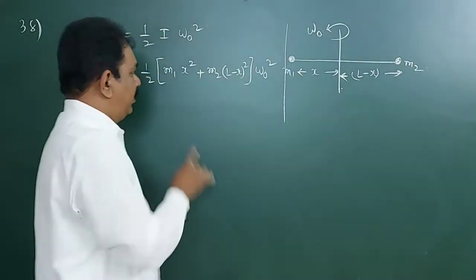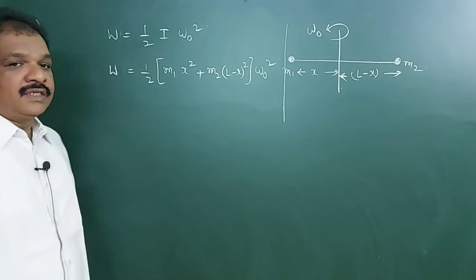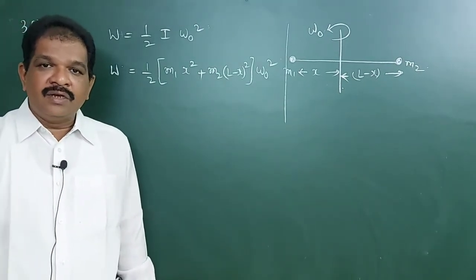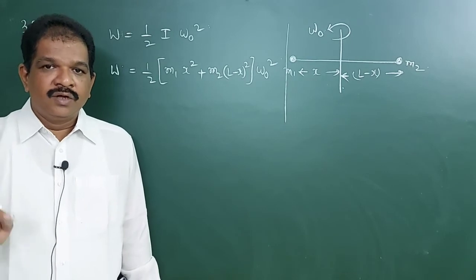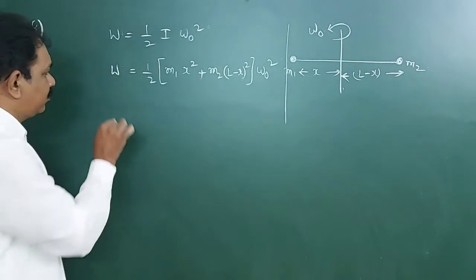This is the moment of inertia value. Here they said this work done is minimum. When a function is minimum or maximum, its first derivative will be equal to 0.